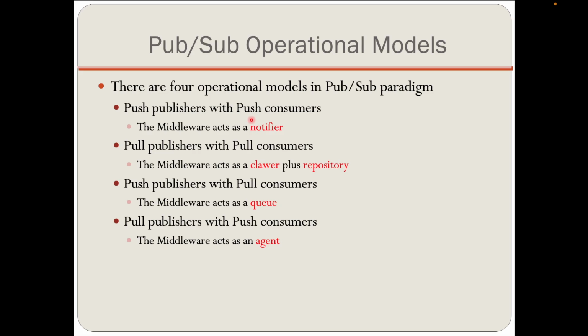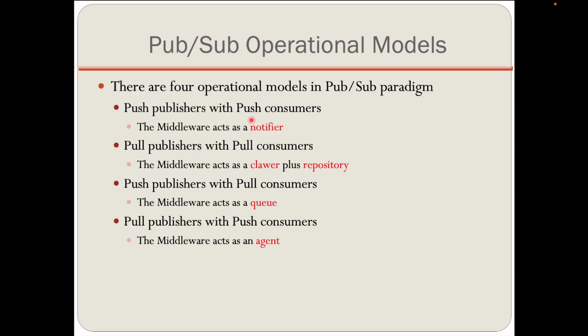After that, they generate some notification information, just control information, to those interested subscribers. Then the subscriber, after receiving this notification, can decide when they want to retrieve the information from the middleware. So the middleware is like crawler plus repository.